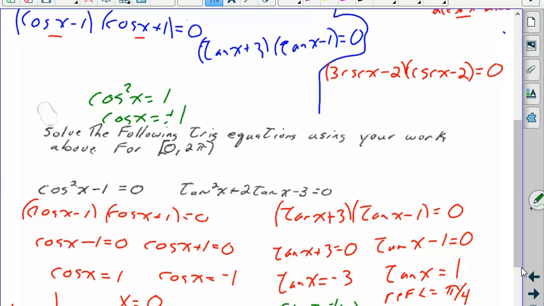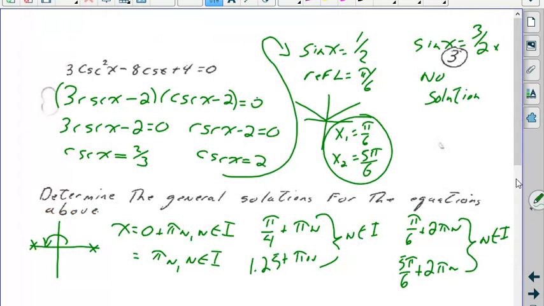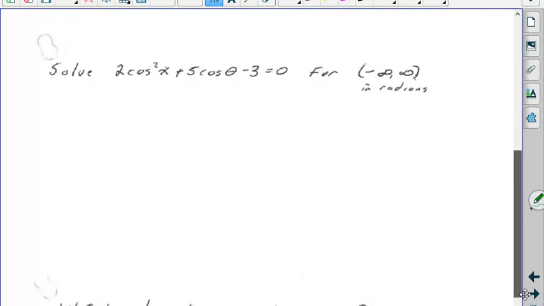But we often forget to put a positive or negative sign in front. This is no different, except the domain is all real values. So I'm asking for the general solution of this one.